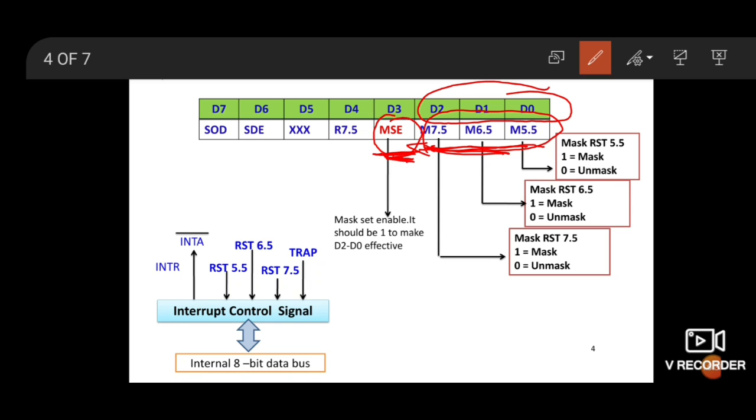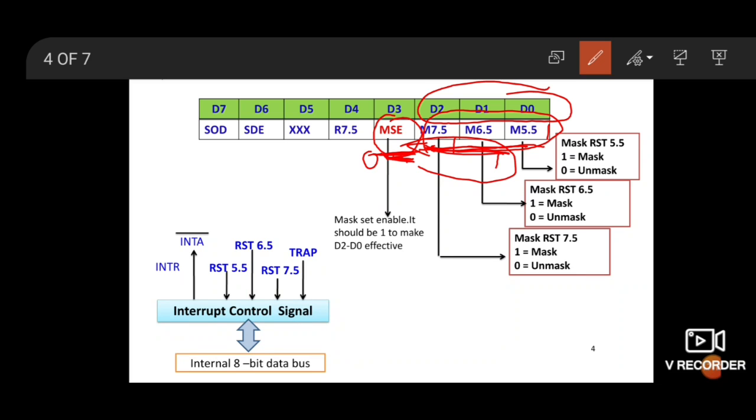If the MSE pin is 0, then it is deactivated. Suppose you want these three pins activated, meaning unblocked, M7.5, M6.5, M5.5. Suppose M5.5 has 1, M6.5 has 1 and M7.5 has 1, but MSE has 0, then don't use these three pins.